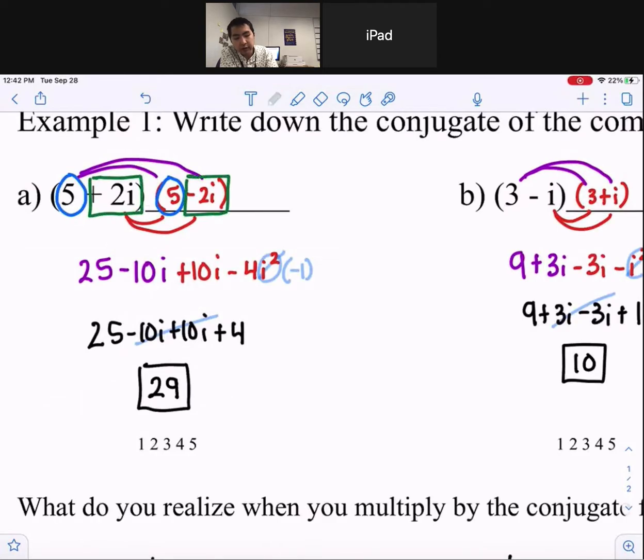If we strictly just multiply those, what do we get? 5 times 5 is 25. And 2i times negative 2i is negative 4i to the second power.